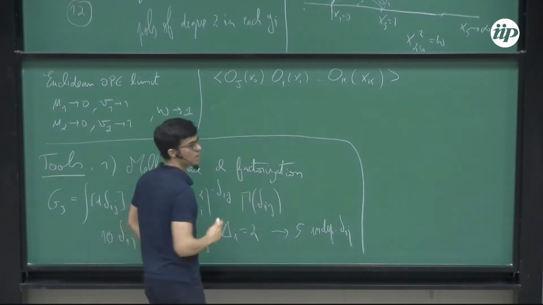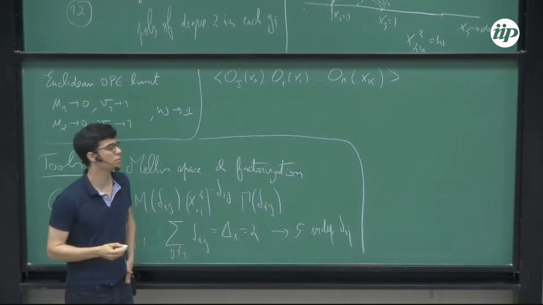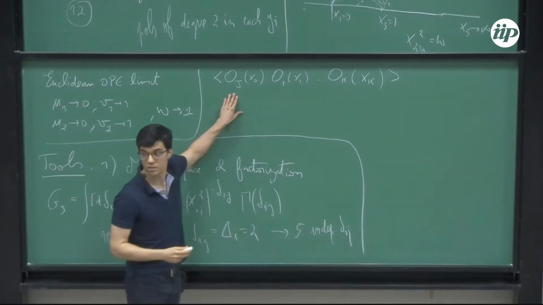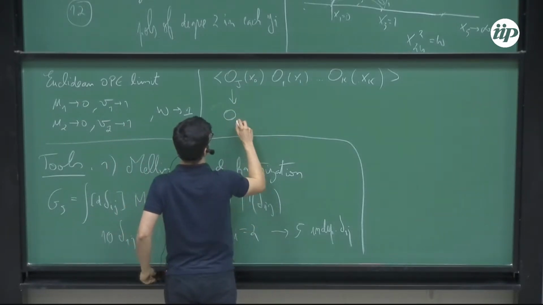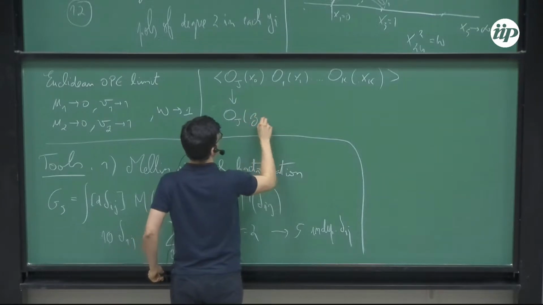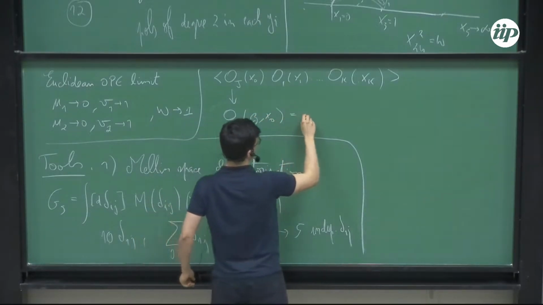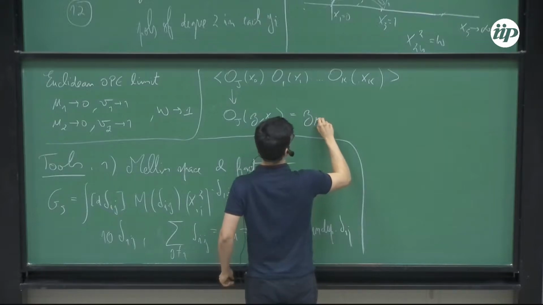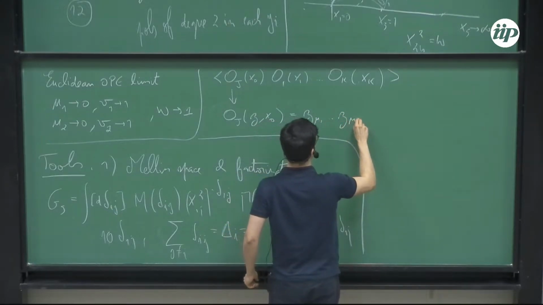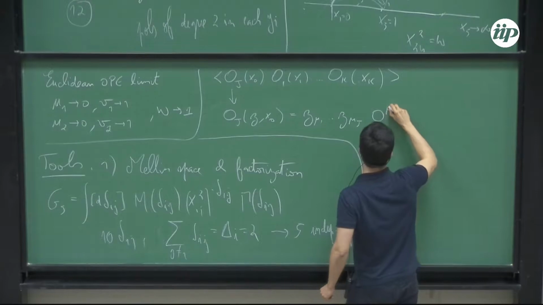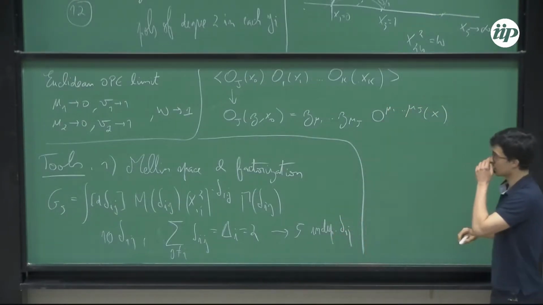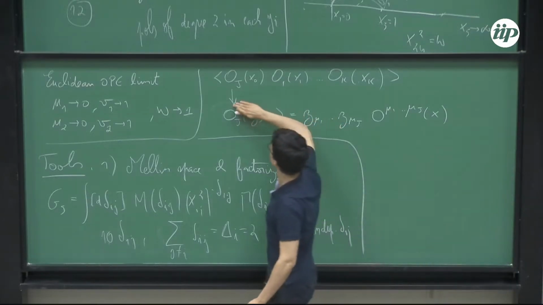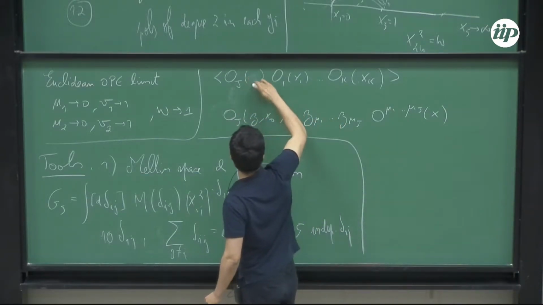A useful way to encode the spin in these operators is to encode the tensors by polynomials. So I'm going to write these as Oj(z, x0), which is just z^mu1 ... z^mu j contracted with this operator which has spin j.